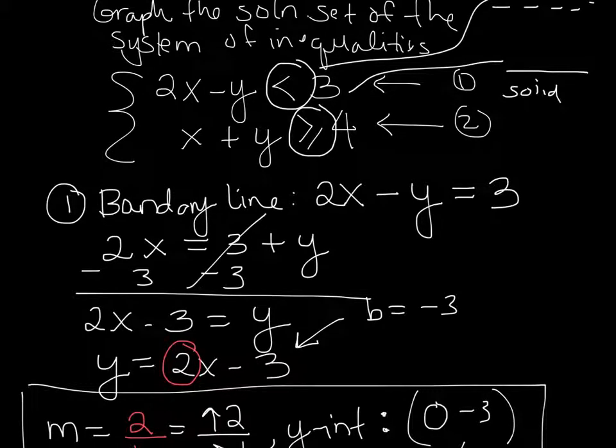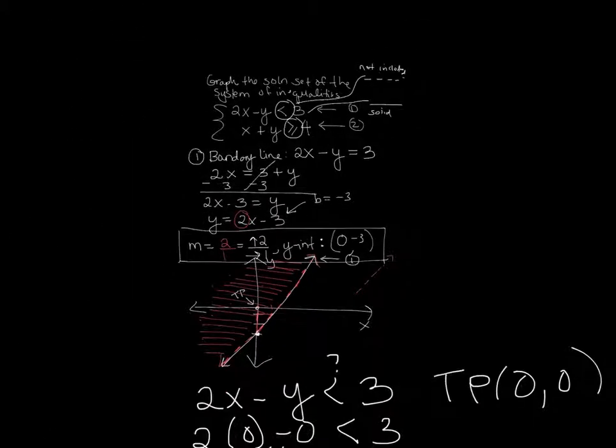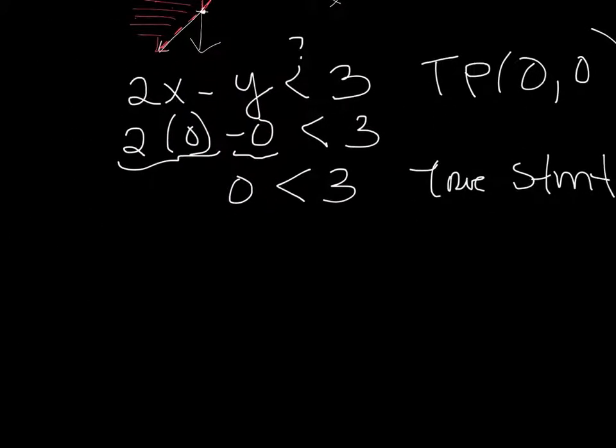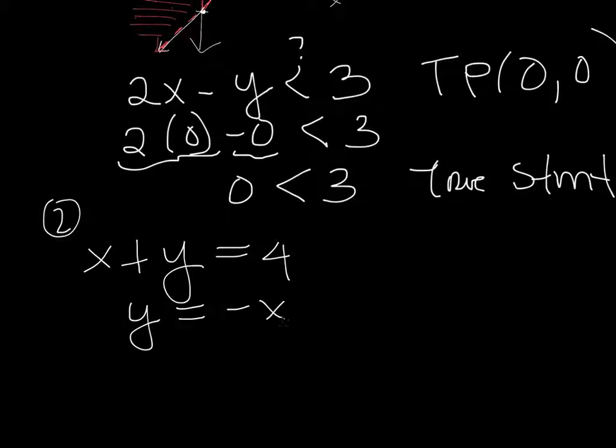Here we have x plus y is greater than or equal to 4, and it's going to be a solid line because it's included. So x plus y is equal to 4. This is a nice slope-intercept form.